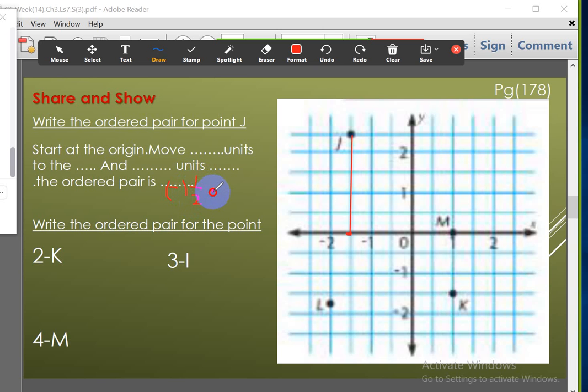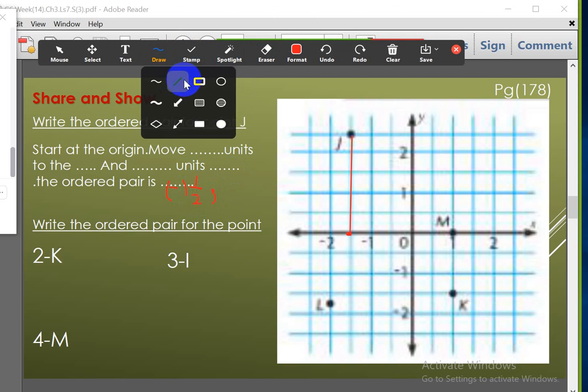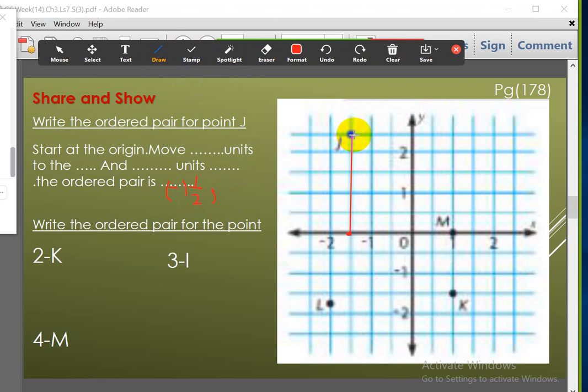What about the y coordinate? I will find it from the point. I will take a horizontal line, so it will intersect the y-axis at a point. If I want to find the y coordinate, I have to count from the 0 up. That means this is a positive number or a positive coordinate.